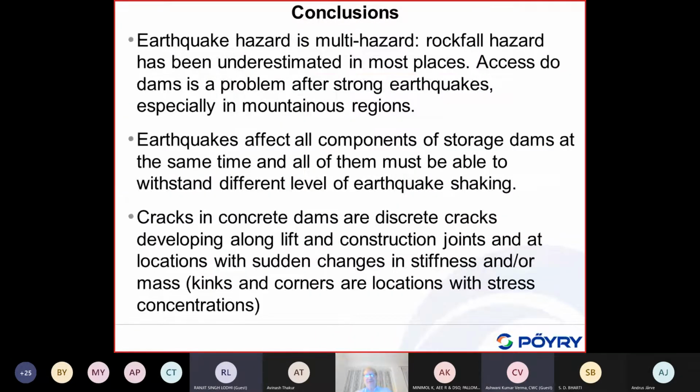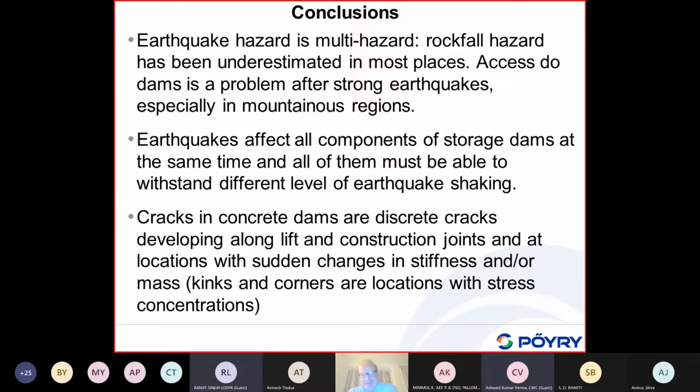Okay, conclusions here. What I've always said, earthquake hazard is a multi-hazard, and as we have seen here, the rockfall hazard has been underestimated. In most places, access to dams is a problem after strong earthquakes, especially in mountainous regions.